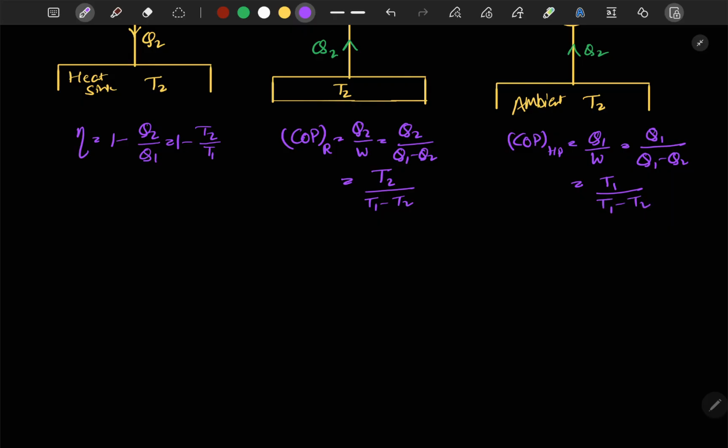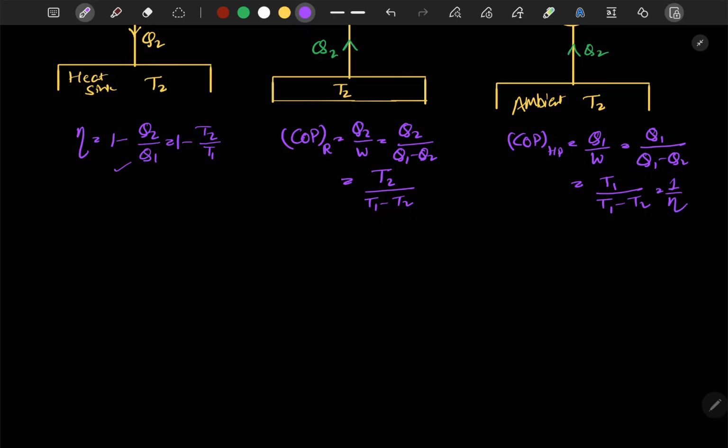If we divide both numerator and denominator by Q1, we get 1 upon 1 minus Q2 by Q1, which is efficiency. So we can write it as 1 by efficiency.